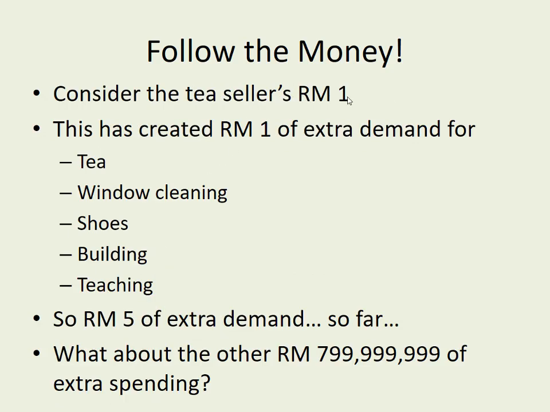So that particular 1 ringgit created 1 ringgit of extra demand for each of these things: a cup of tea, window cleaning, shoes, building and teaching. So just that 1 ringgit alone created 5 ringgits of extra demand so far, because we don't know what the tea seller did. So that's 1 ringgit out of 800 million. So what happened to the others?